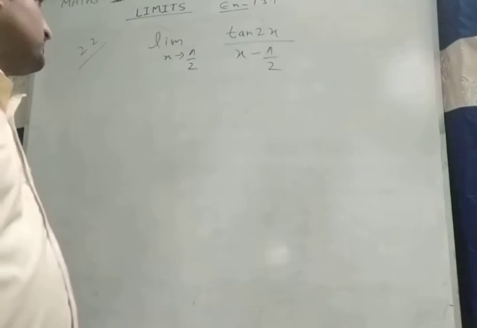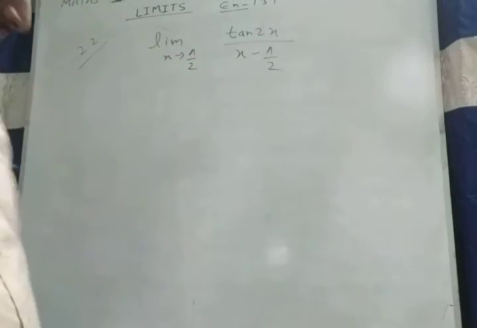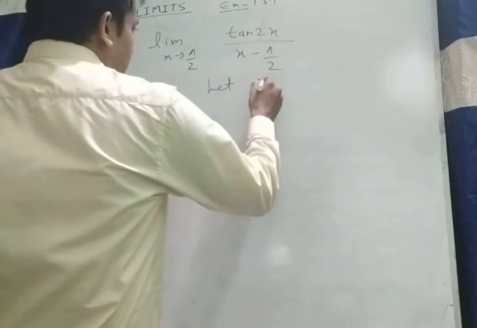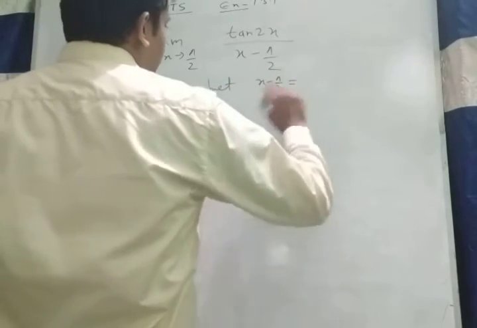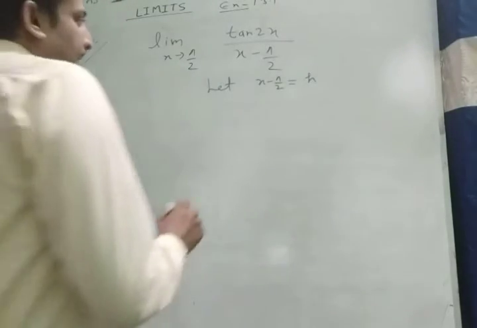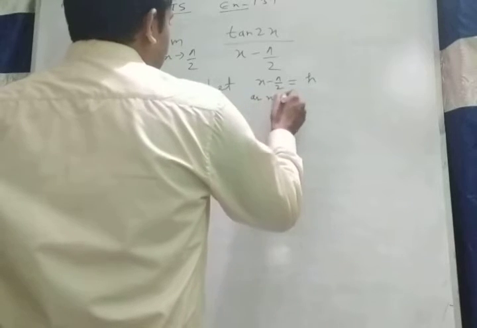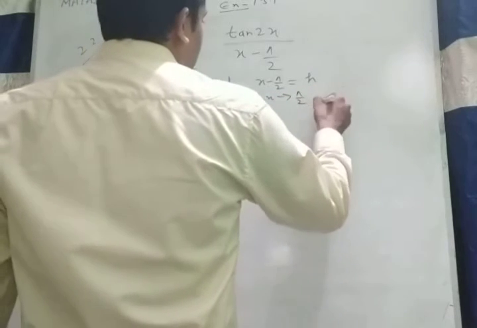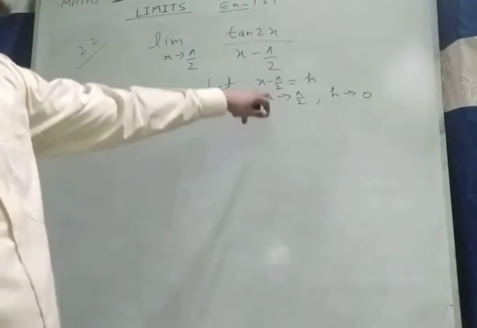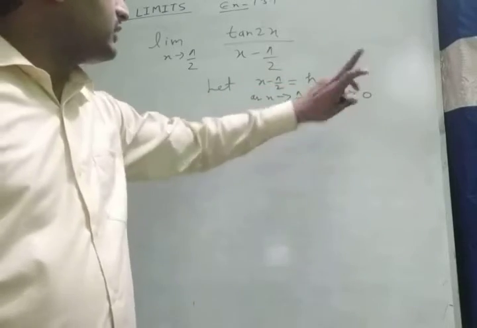So first, if we are putting the value pi by 2, we are getting the form 0 by 0. So let this x minus pi by 2 is equal to h. Okay. So as x tends to pi by 2, then h tends to 0.